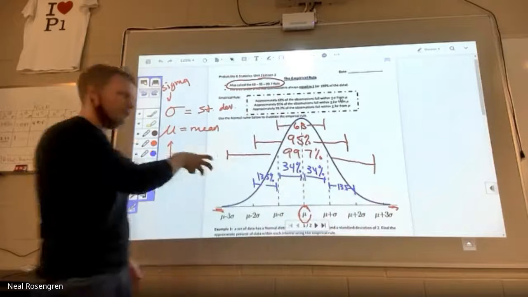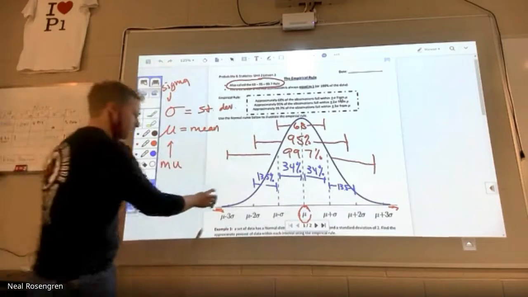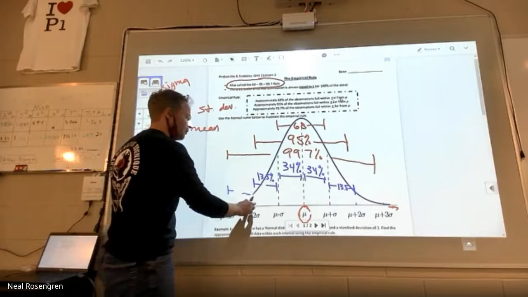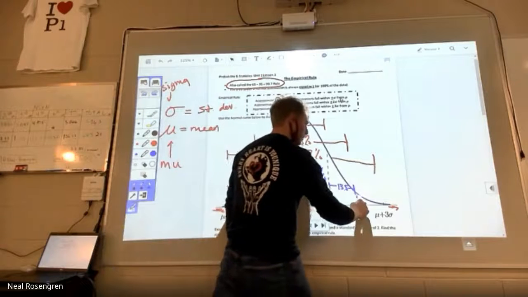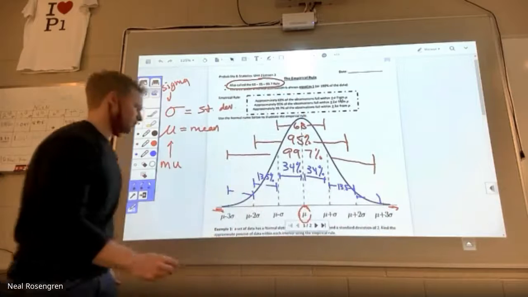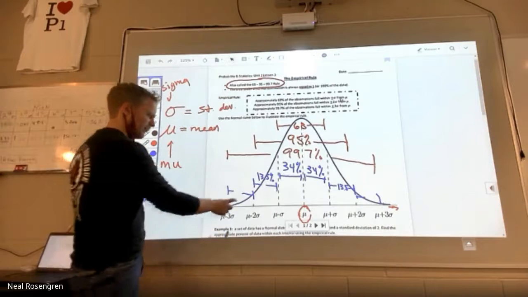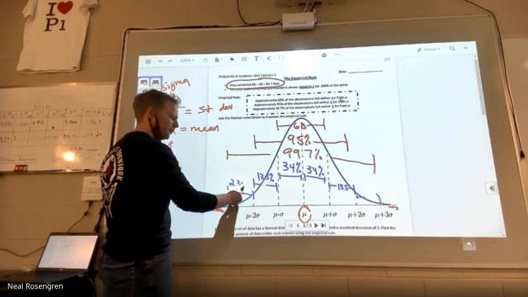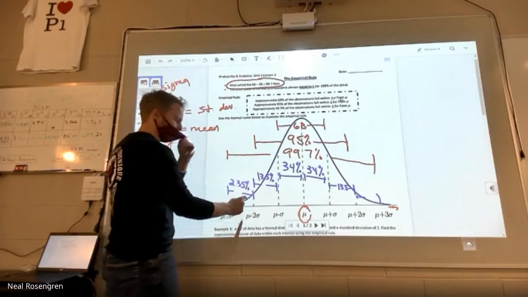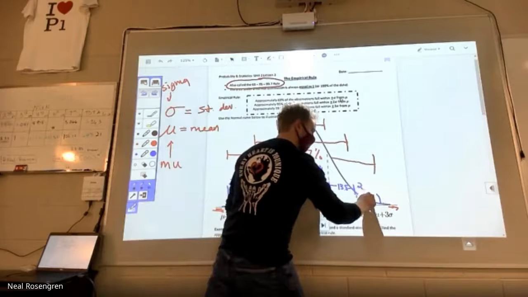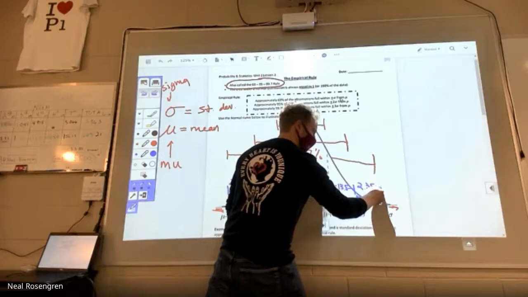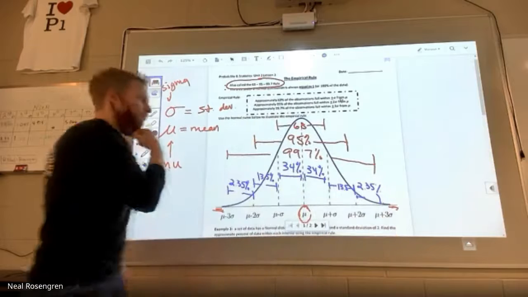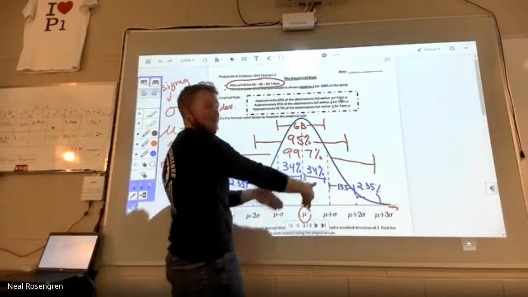So each little section has its own percentage of the data that it represents. What's the next little section? Pretty small. 2.35%. Tiny, tiny, tiny. So middle ones are the biggest ones, and that's why they're the tallest, right?